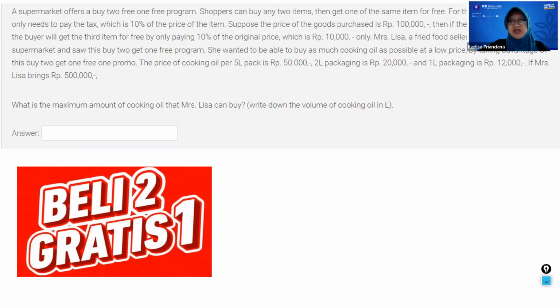The most important thing here, after you pause, is that if the buyer buys 2 items, the buyer will get the 3rd item for free by only paying 10% of the original price. Okay, that's the first rule.